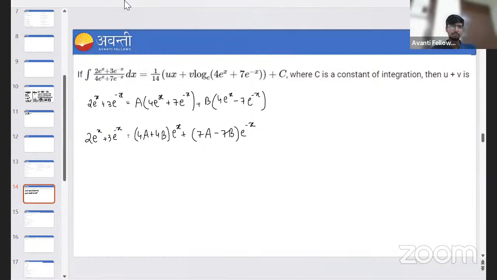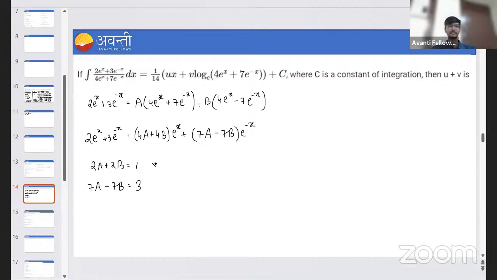So I'll get 2a plus 2b is equals to 1. And did we make some mistake? I guess no, right? E raised to x 4, 4. Yeah. And I'll get 7a minus 7b is equals to 3.